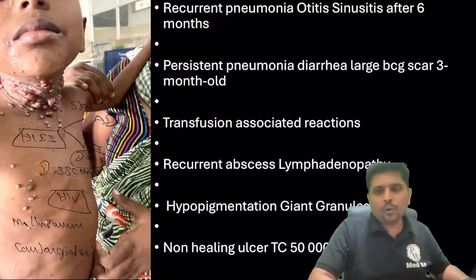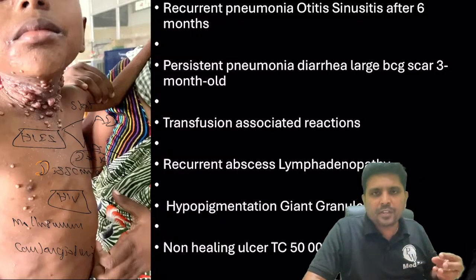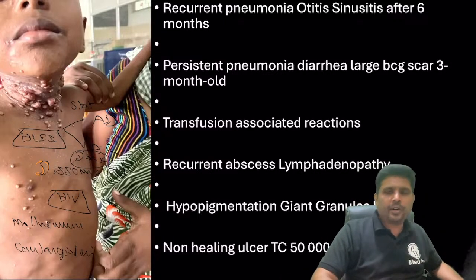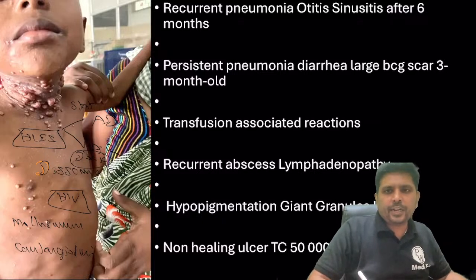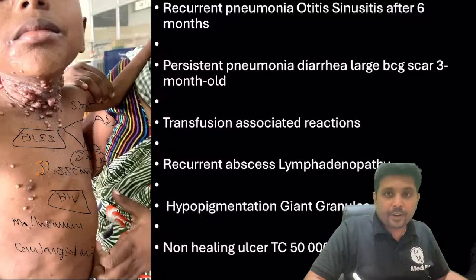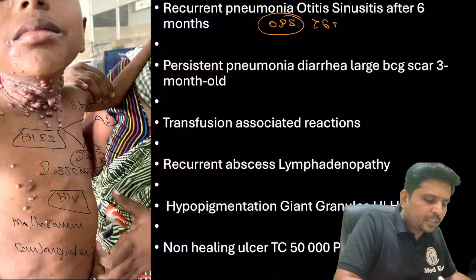Right. Now, based on this, let me track some of the simple clinical clues to consider an underlying inborn error of immunity. Recurrent pneumonia, otitis, sinusitis after 6 months. Whenever you have recurrent pneumonia, otitis, I used to teach my students OPS. What do you mean by OPS? Otitis media, pneumonia, sinusitis after 6 months.